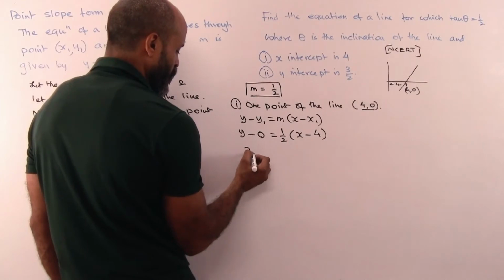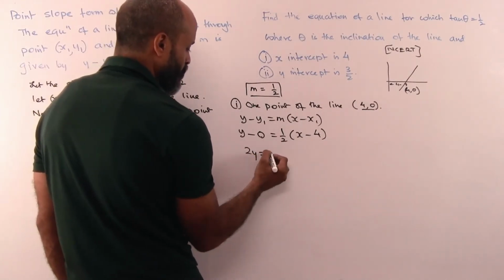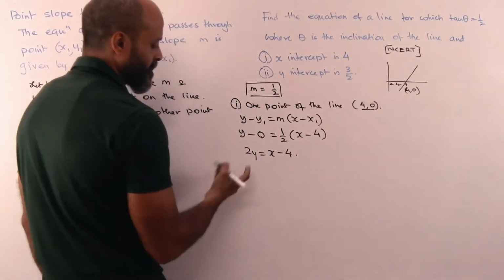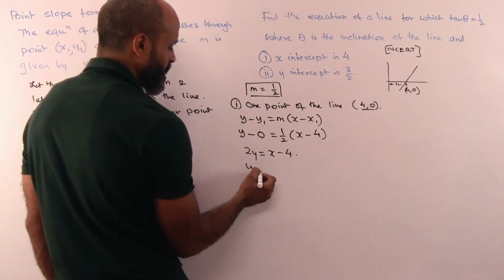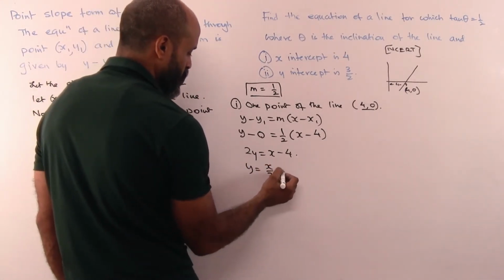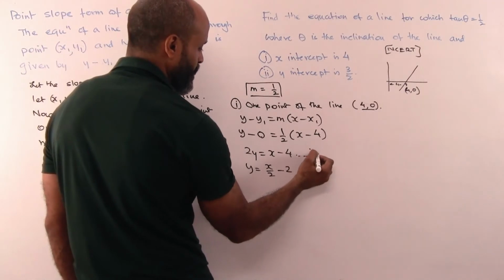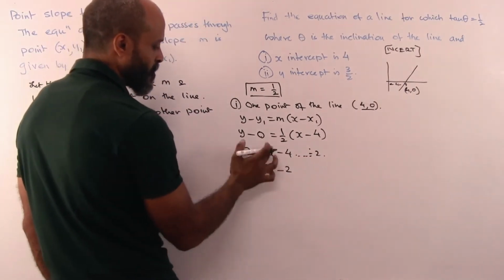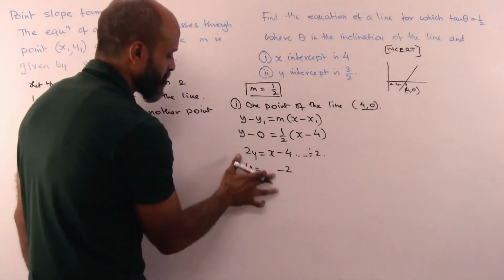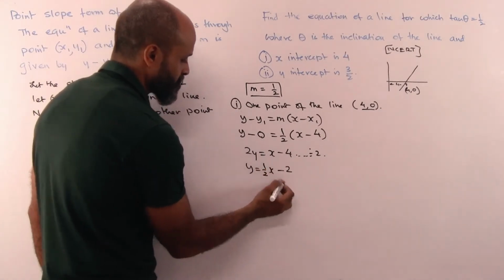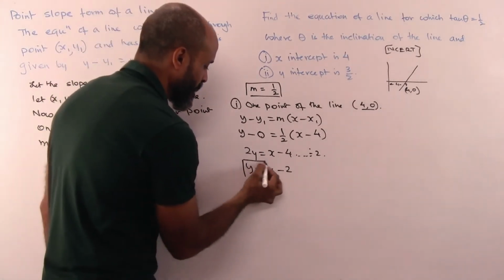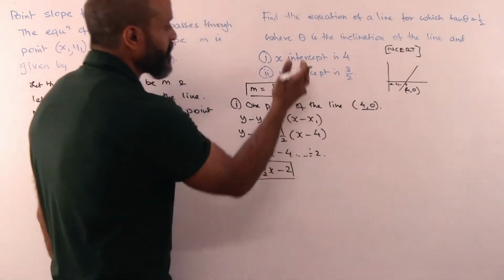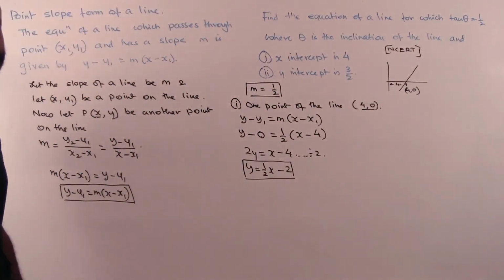So this will be 2y is equal to x minus 4. This will be the equation of the line. If we divide by 2, you can also write it as y is equal to x by 2 minus 2, half of x minus 2. In the second case, it is given the y intercept is 3 by 2.